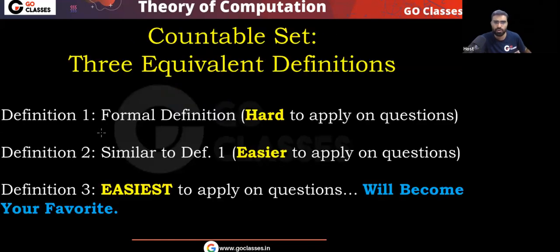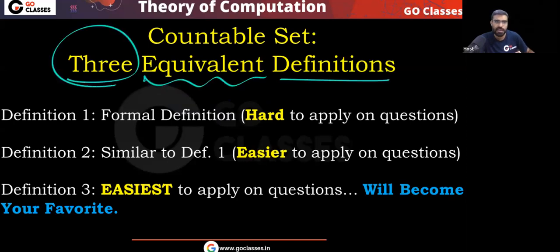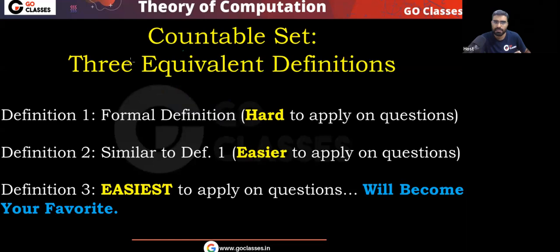So what we are going to do now? We will see three equivalent definitions for countable set. Definition 1 we have already seen. That is a formal definition, but that is hard to apply. What was definition 1? Please tell me.